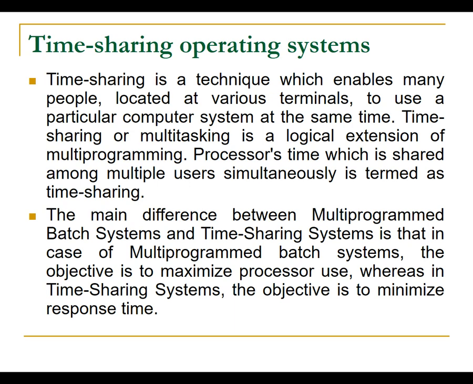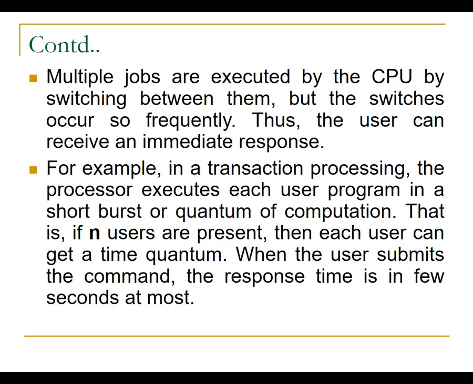Now, by the introduction of time sharing operating system, this usage time gets reduced, gets minimized, so the task gets executed very fast for the n number of users. That is the benefit of using time sharing operating system. That means within a fraction of time, multiple users get their responses as they are able to share the same time interval at the same time. Let's go ahead.